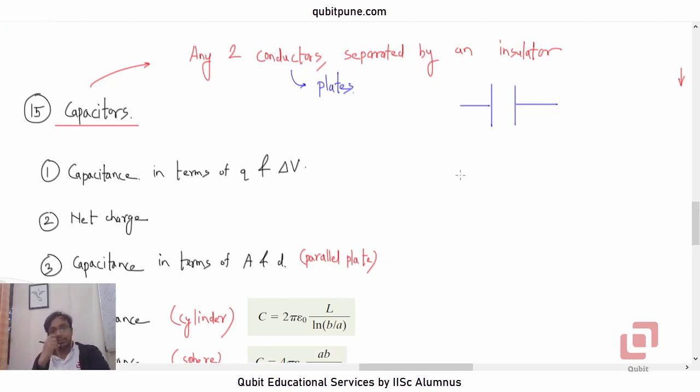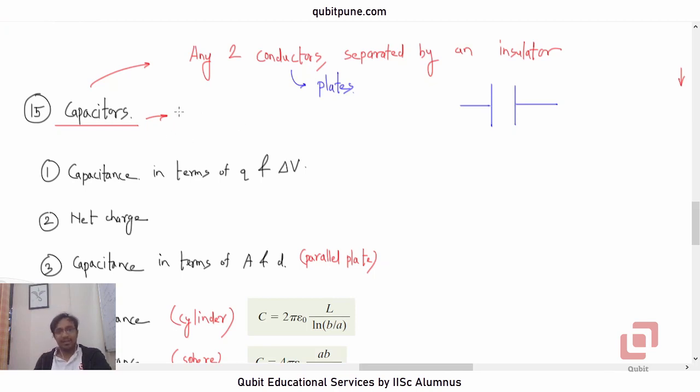What is the job of a capacitor? Can anybody tell me what is the job of a capacitor? Withhold and release current. Not current, energy. Yes.